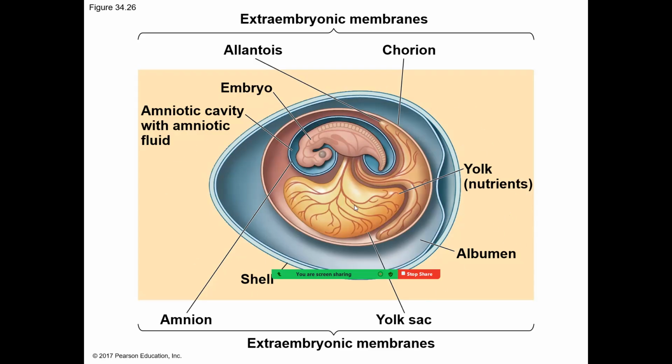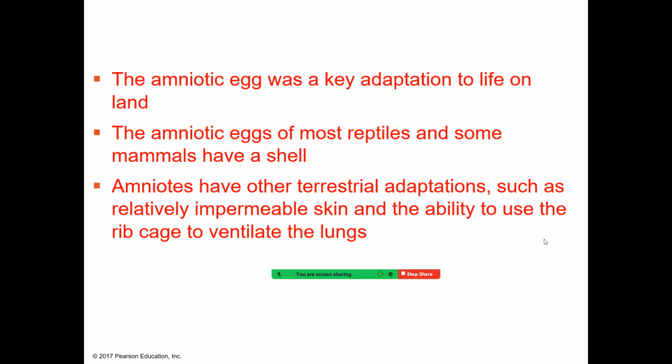So we have similar structures in mammals. Our amniotic egg, we do not have a hard shell on the outside, but we do have similar structures otherwise. Okay, so the amniotic egg was a very important key adaptation to life on land, as I mentioned, allowing things to move from being amphibians into reptiles.